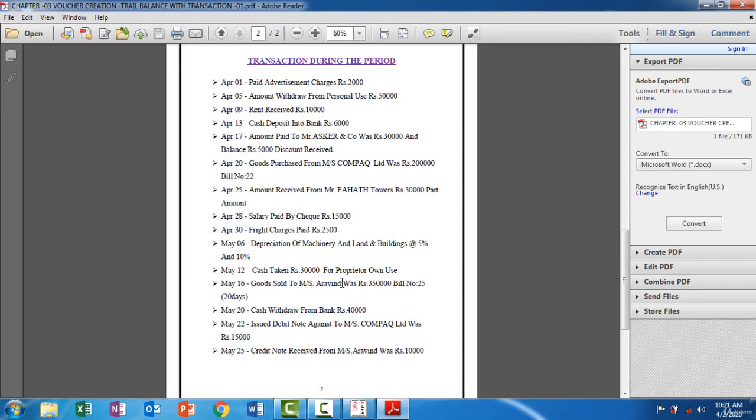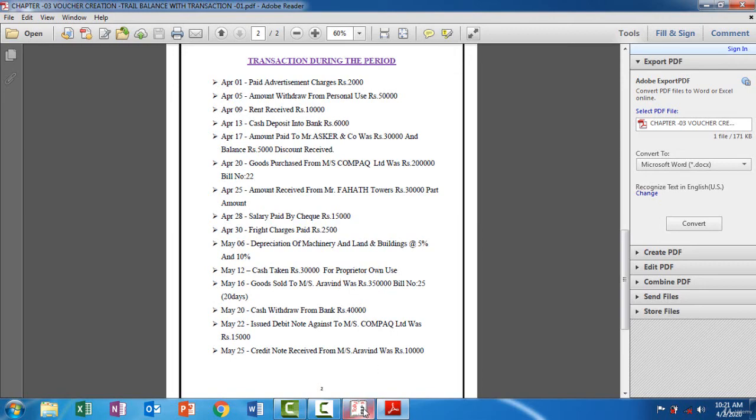It is one of the debtors' names, so it's a credit sale. So the credit sales double entry is Aravind account debit 350,000, sales account credit 350,000.